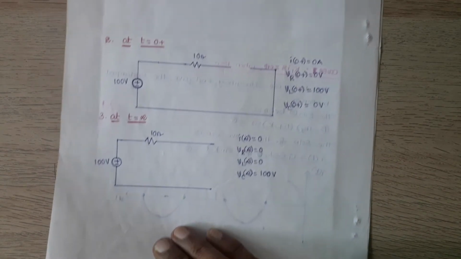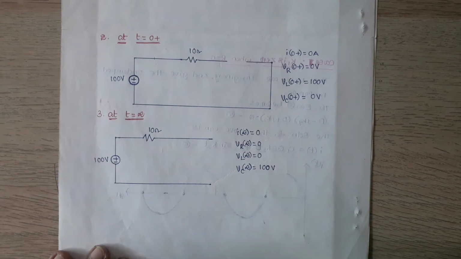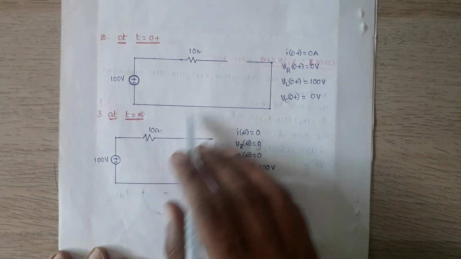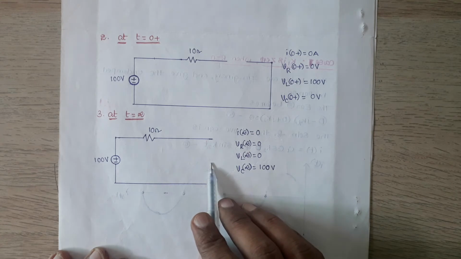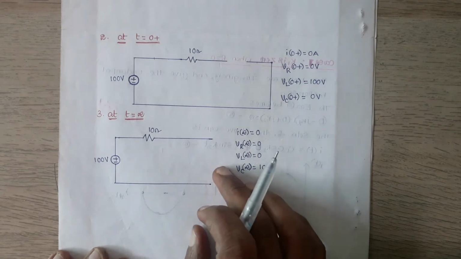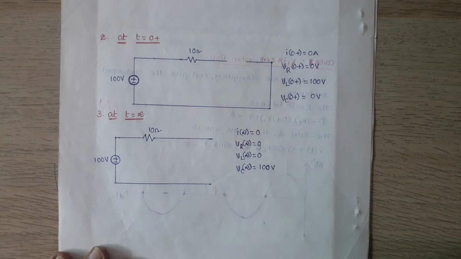Similarly, at t equal to infinity: 100 volts, switch is closed, 10 ohms. The nature of the inductor is a short circuit, and the nature of the capacitor is open circuit. This is the equivalent circuit at t equal to infinity, or 5 time constants.